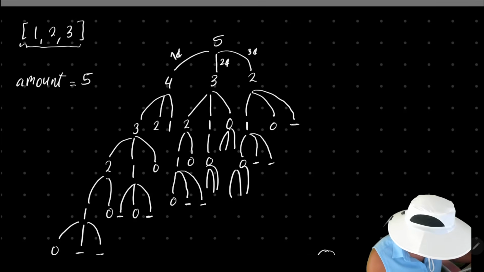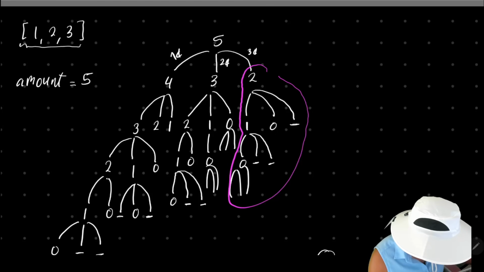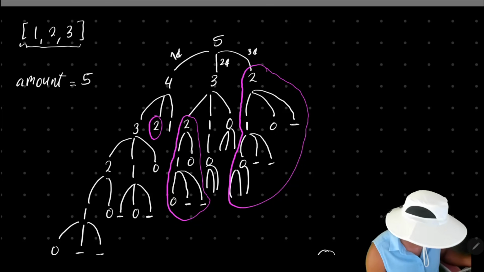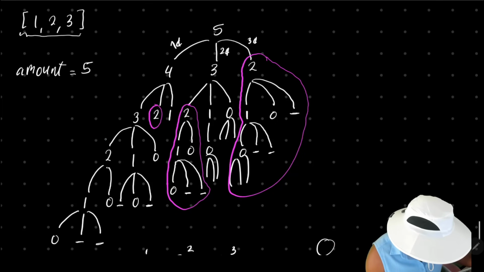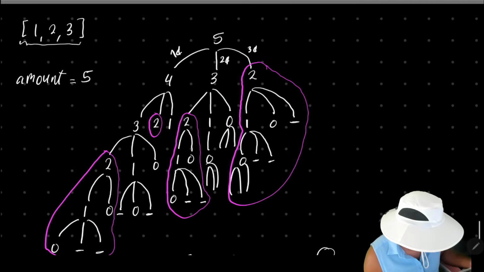If you look at this, for example, you will see that this subtree is exactly the same as whatever subtree I could have gotten from here, which is this subtree. Because it was using 2.